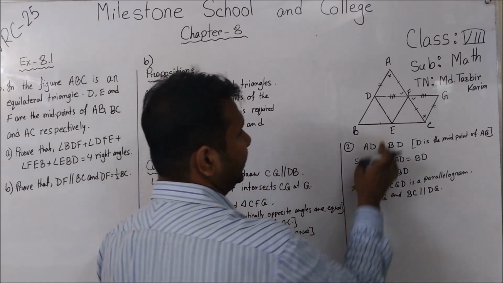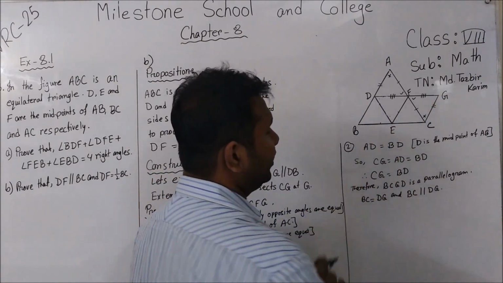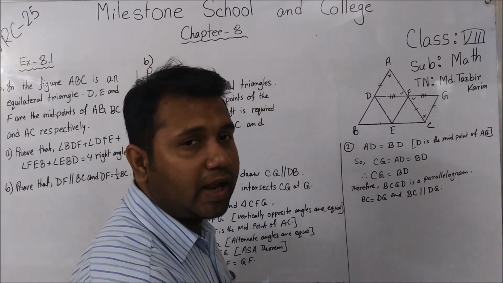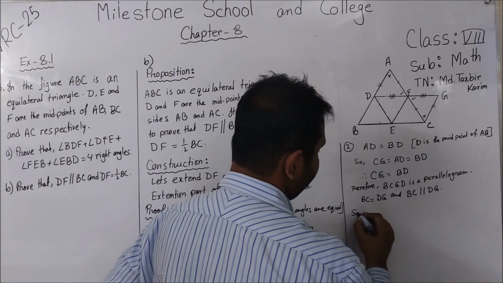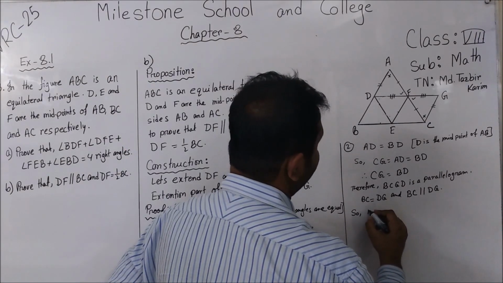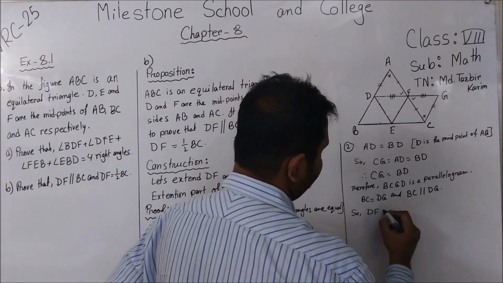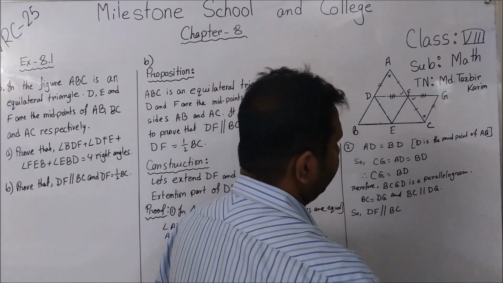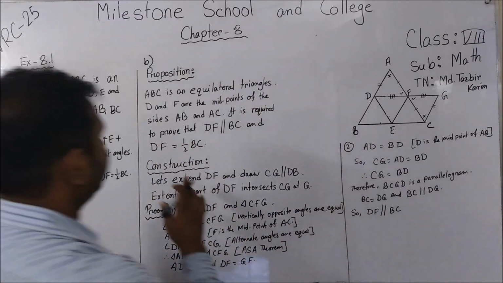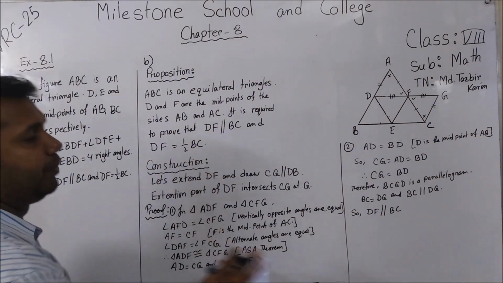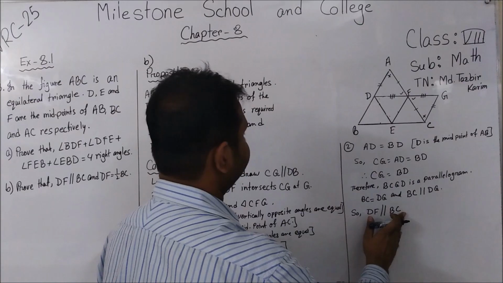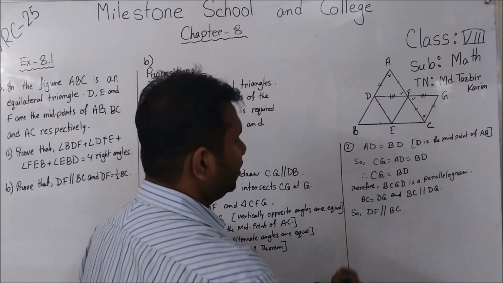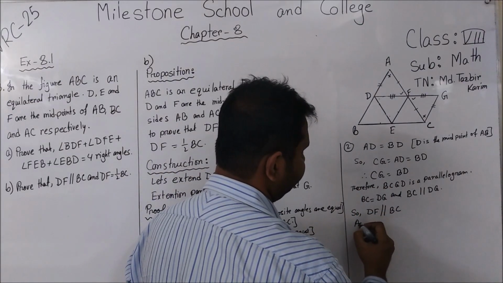So from that I can tell that BC and DG are equal and parallel. So DF parallel to BC. So the first part is done. Okay, the first one, that is DF parallel to BC, is done.